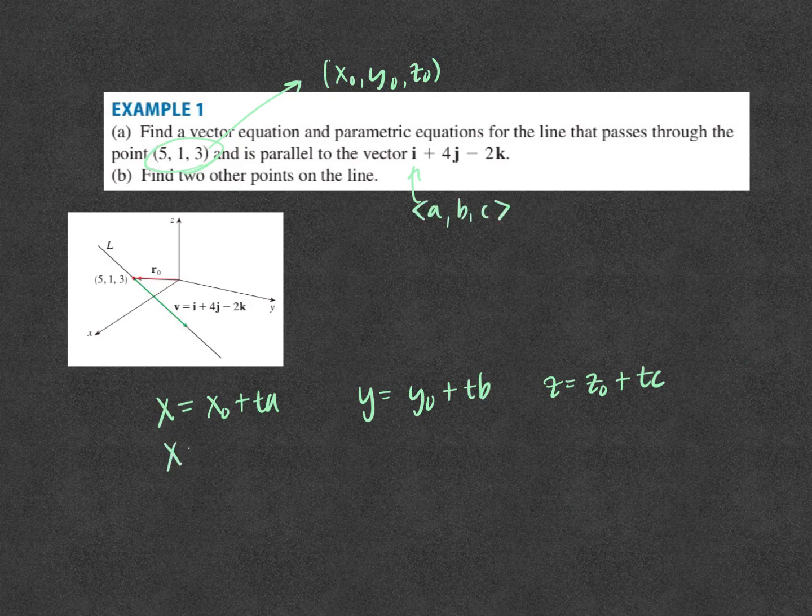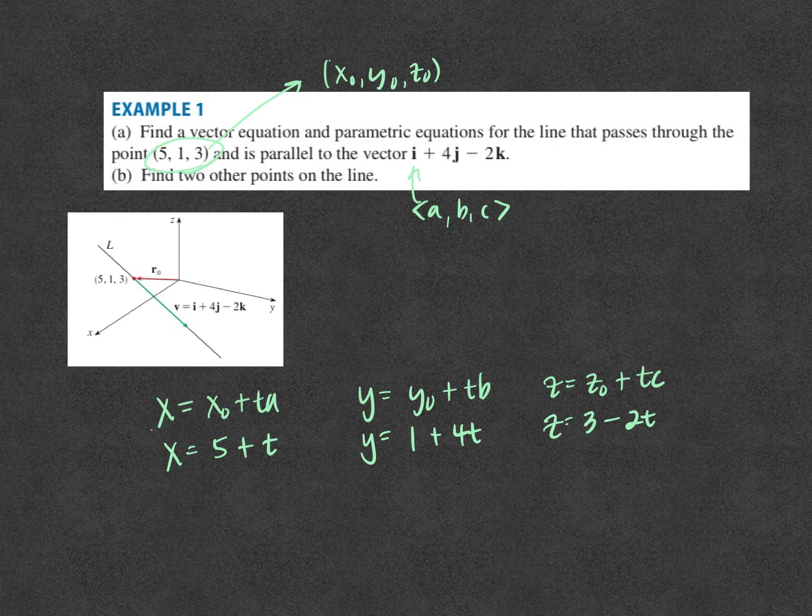So we're going to say x equals x sub o, which is 5. A is 1, so we just have a t here. Our second equation is y equals, the y sub o is 1, plus, and b is 4, so we have 4t, and z equals, the z sub o is 3, plus the t is our variable, and our constant is -2. So we're going to say minus 2t. So those are our three parametric equations.